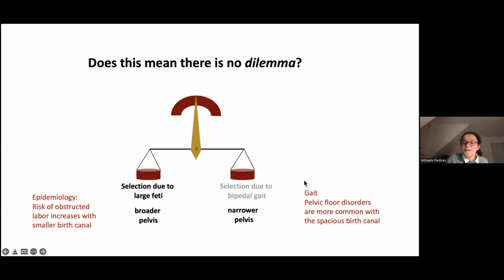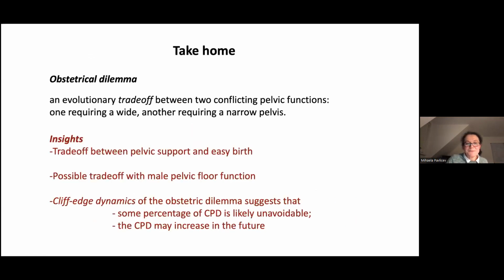It seems that there is quite good evidence that there is a selection both for a broader pelvis as well as for a narrower pelvis. So knowing what kind of selection that is and which factors play an important role is, I think, important. And I think that this is still a dilemma.